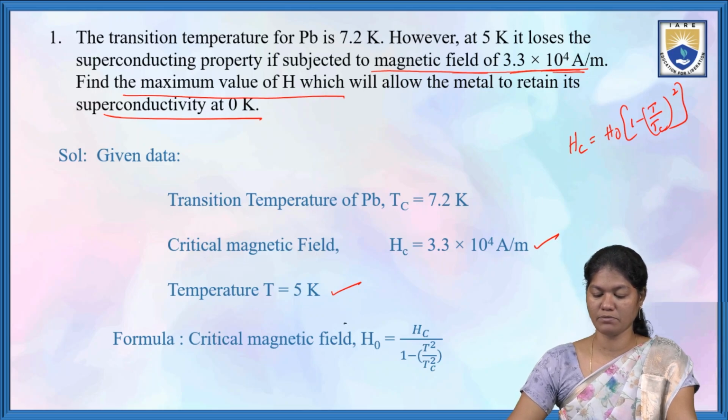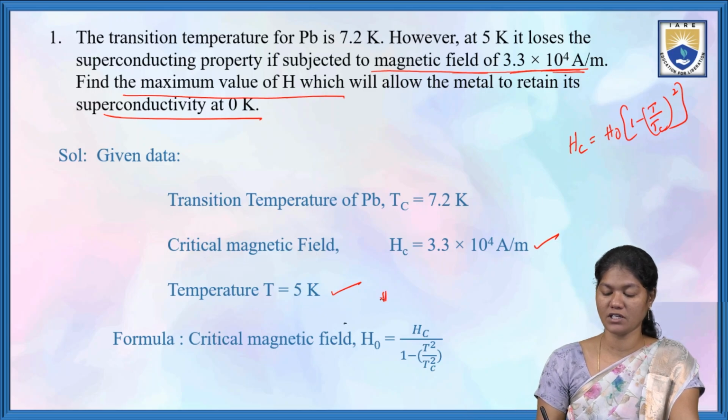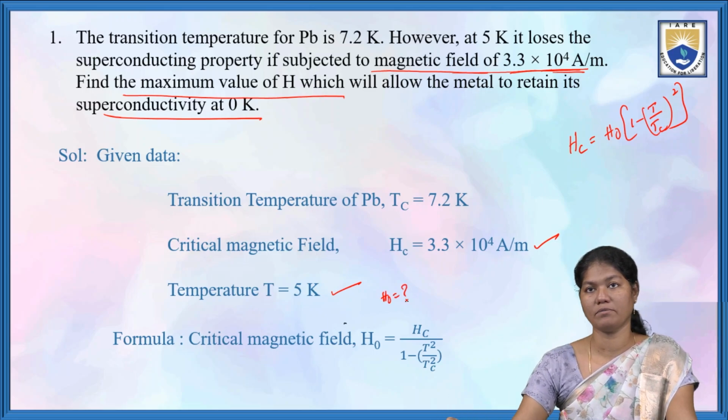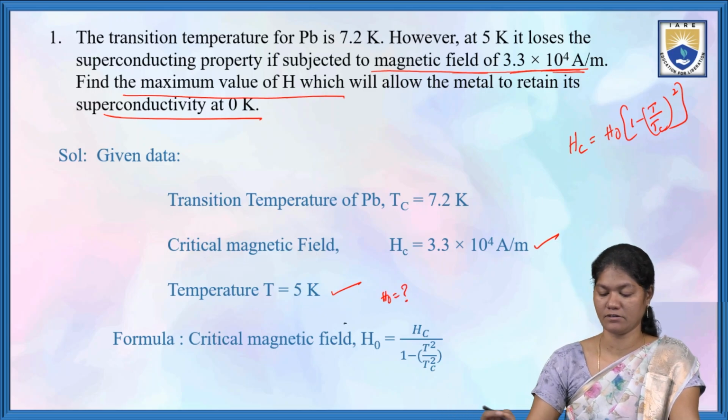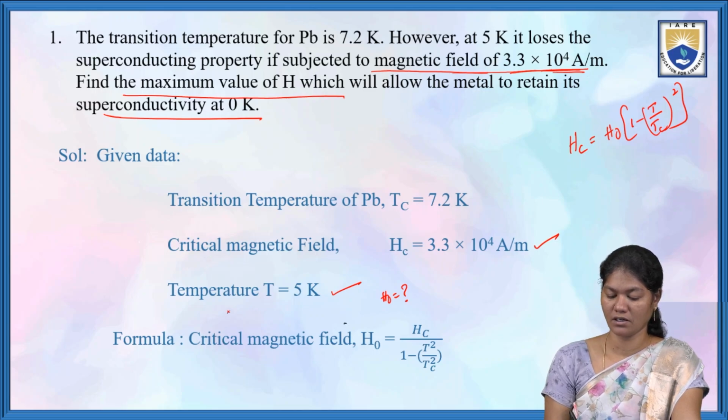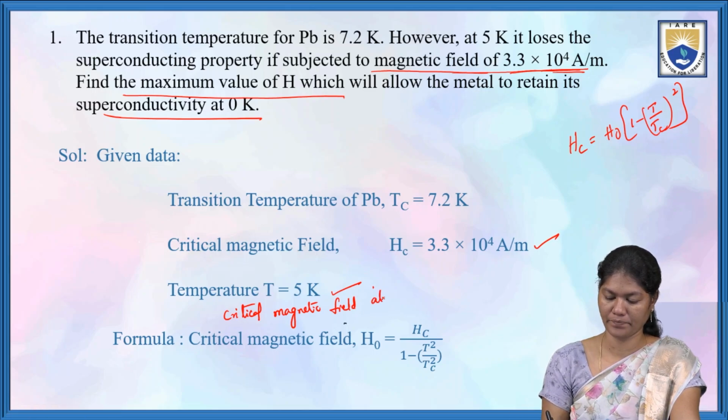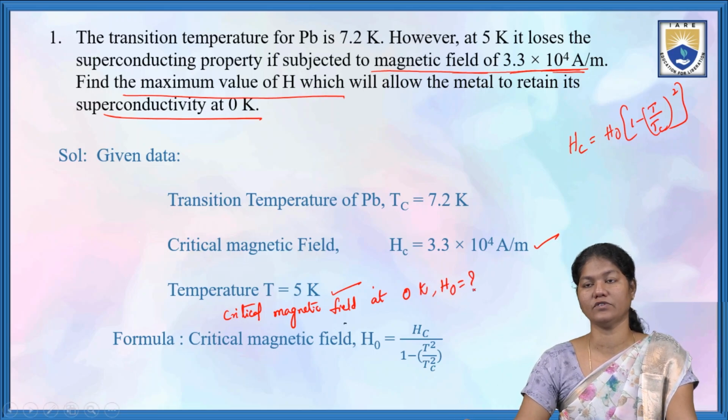H naught is the critical magnetic field at 0 degree Kelvin, which is what we want to find.